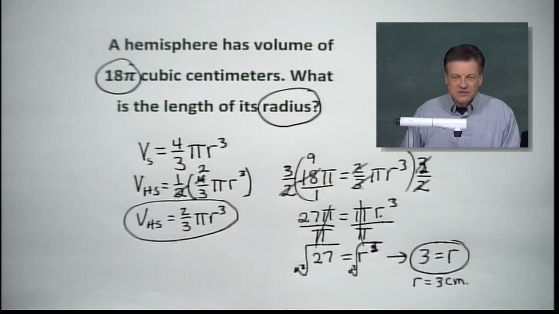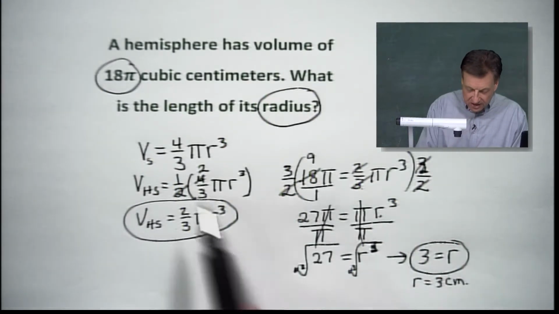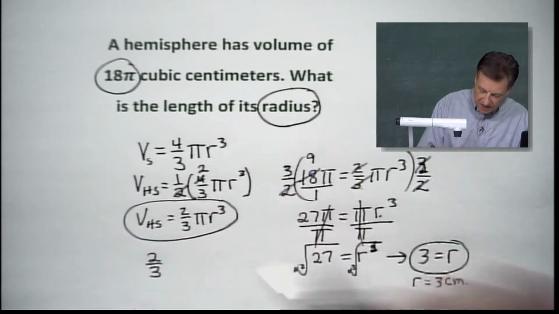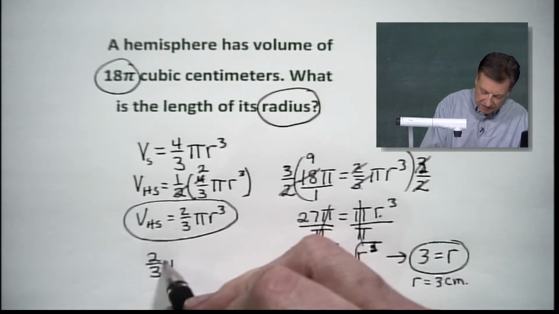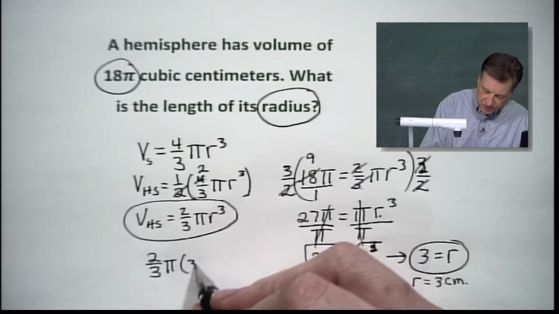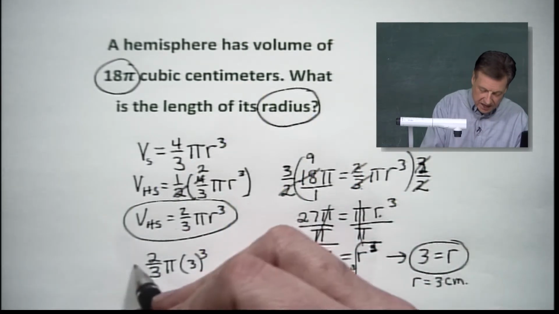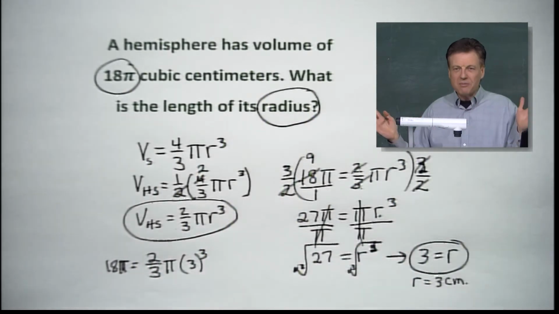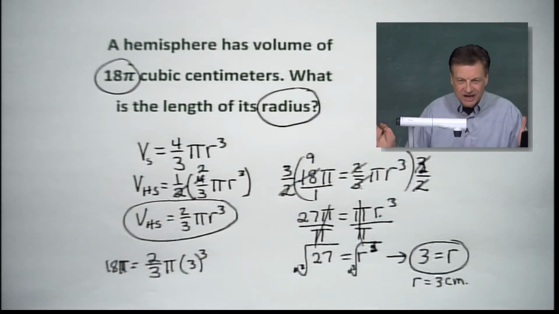And let's go and see, did it work? My goodness, with all this starting from the beginning, basically if we go back and put in 2/3, and we have our pi, and we have our 3 to the 3rd power, do we get 18 pi? That's the big question mark. Inquiring minds everywhere wanting to know, is it going to work? Of course it'll work.